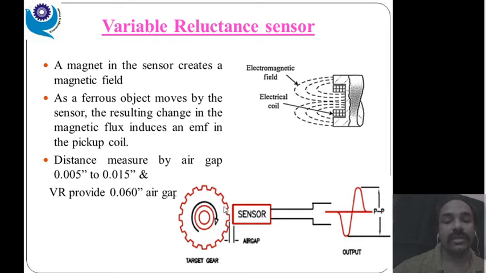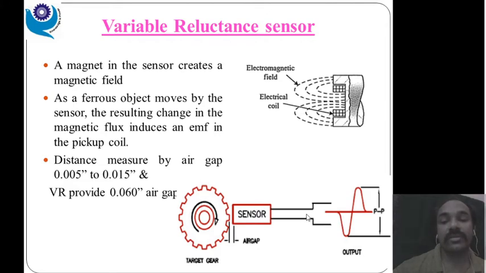When this rotor starts rotating, it cuts the magnetic field, and due to the change in the magnetic field, the variable reluctance, according to Faraday's law, EMF is induced in this conductor.